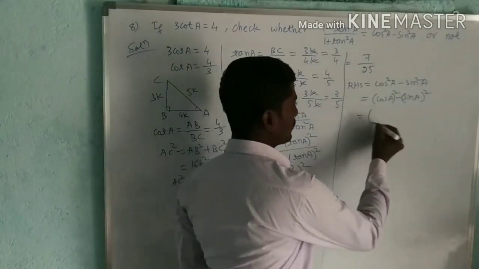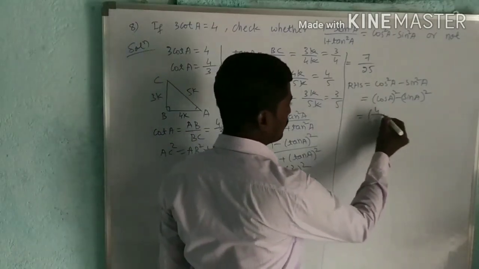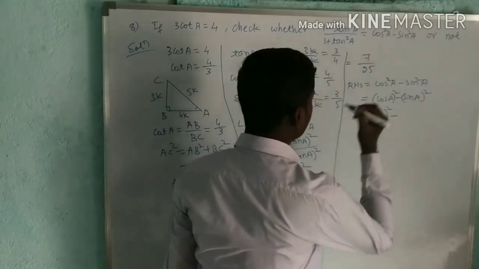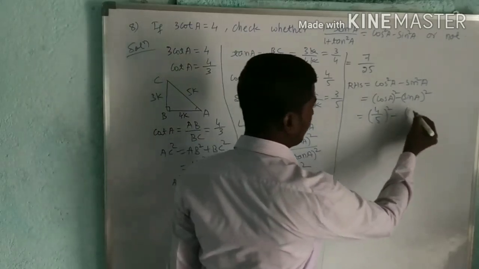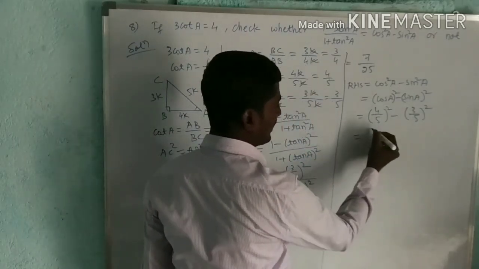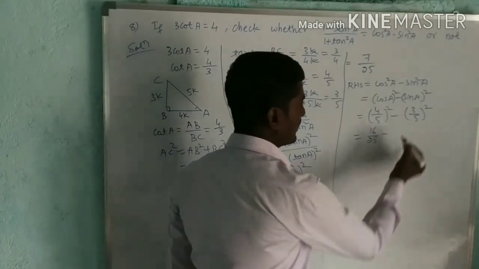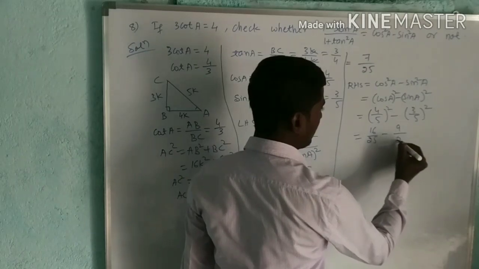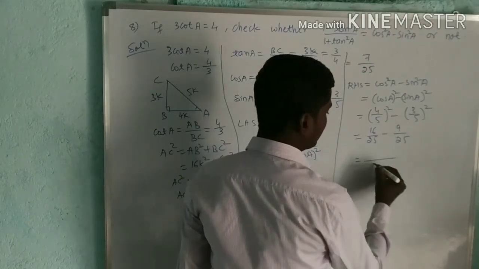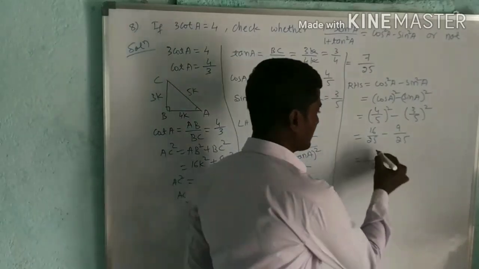Now cos A value is already known, that is 4 divided by 5 square minus sin A value, 3 divided by 5 square. Now 4 square 16 minus 3 square 9, divided by 25. Here the LCM is 25. 16 minus 9, that is 7.